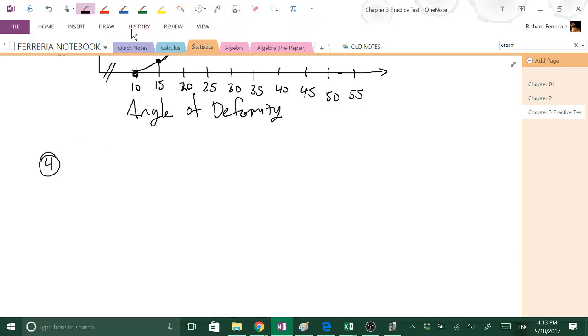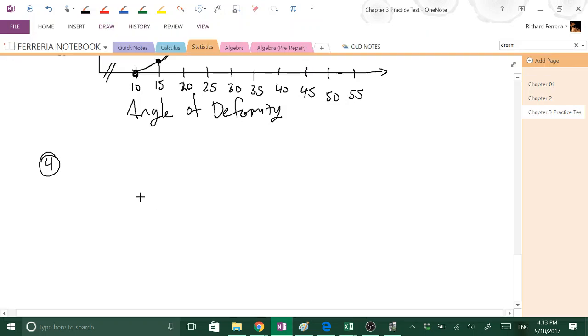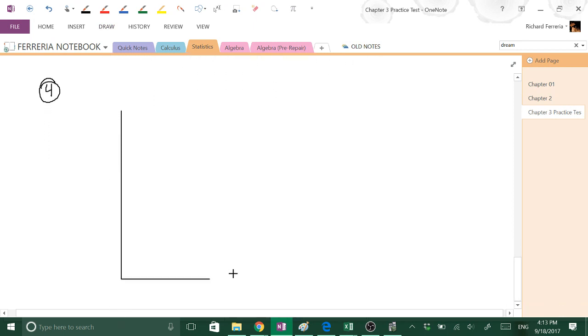Okay, again, we want to have our X and Y axis. Make that 15. 5 and 10.